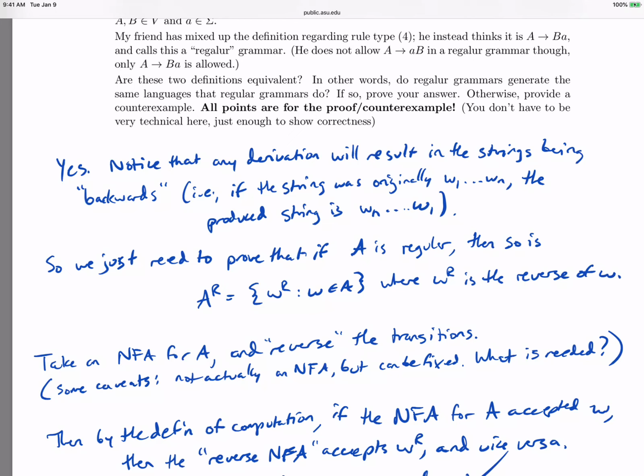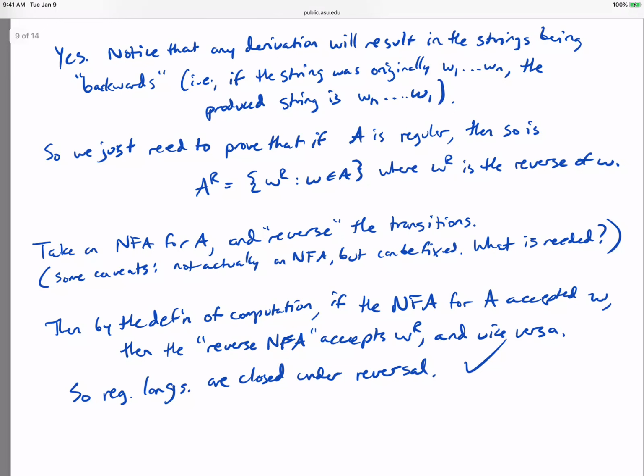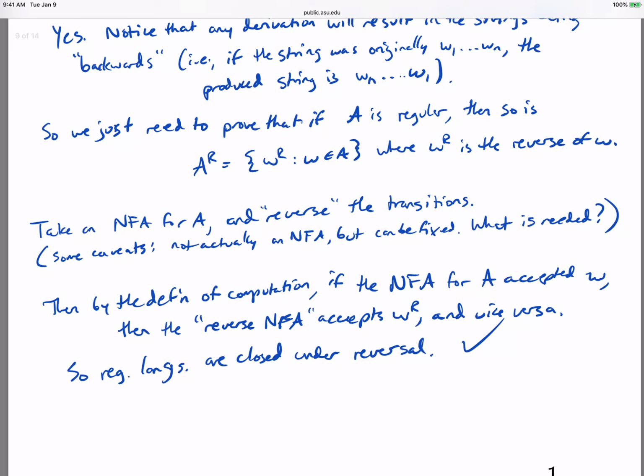And I wrote that on many of your submissions. So what we're really asking is, if you have a regular language and you flip all the strings backwards in it, is that still a regular language? That's what we're really asking. So the one example I gave here is, if you take an NFA and flip all the transitions backwards, then you're essentially there. You're not quite there, but you're almost there. You'll get an NFA pretty much for the reversal language.